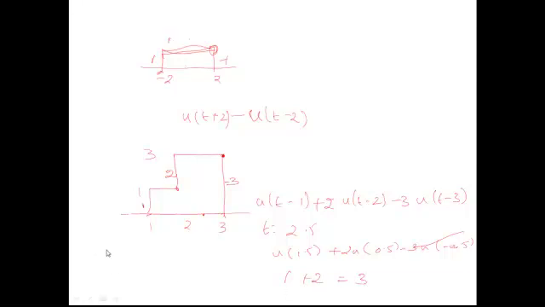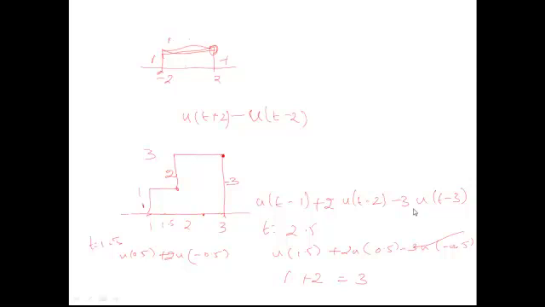Okay. So let us validate at some other point. Say for example, you take t is equal to 1.5. Let us find out what is the value at t is equal to 1.5. You apply it in this equation. The first expression becomes u of 0.5, because 1.5 minus 1. The second expression, plus 2 times u of 1.5 minus 2, which is minus 0.5.